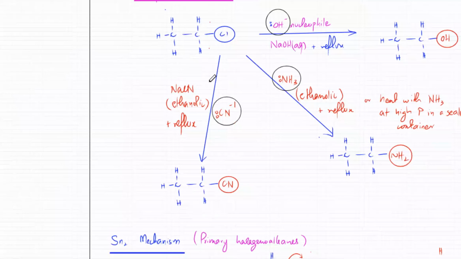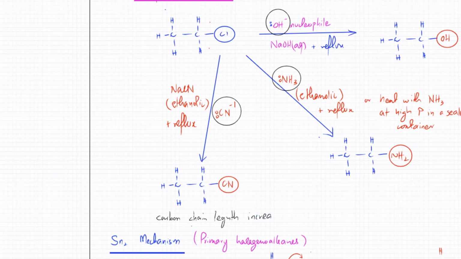There's a certain significance of this reaction, and that is that when you attach a CN and the Cl gets knocked out, the carbon chain length increases. So remember this, that this reaction is really useful in increasing the carbon chain length.